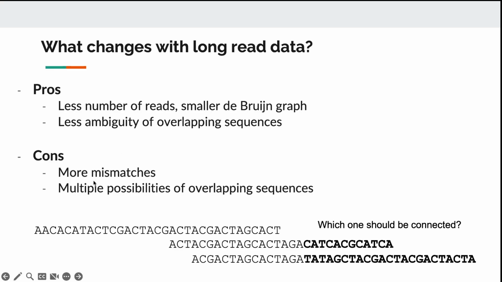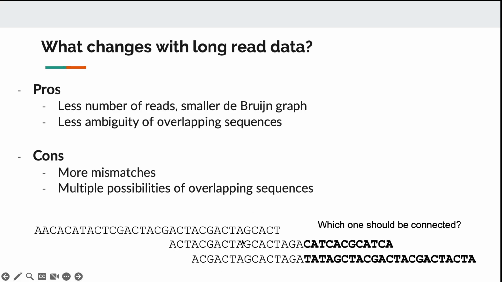There might be some mismatches. And because the reads are long, sometimes you can have different possibilities. You might have a 1,000 nucleotide overlap with certain mismatches, and a different read with, let's say, an 800 nucleotide overlap with different mismatches. So how do we distinguish which one is better?